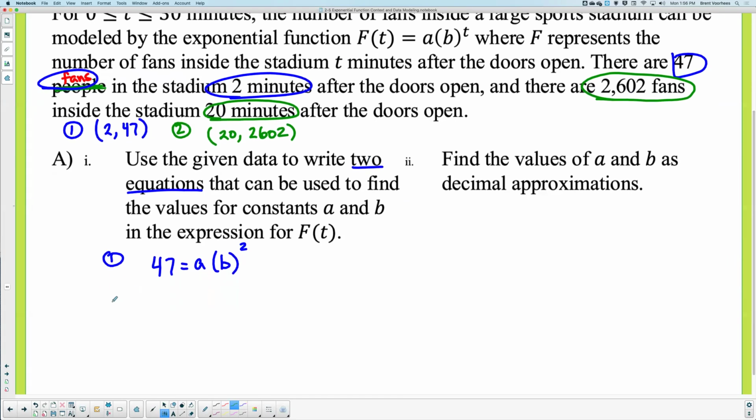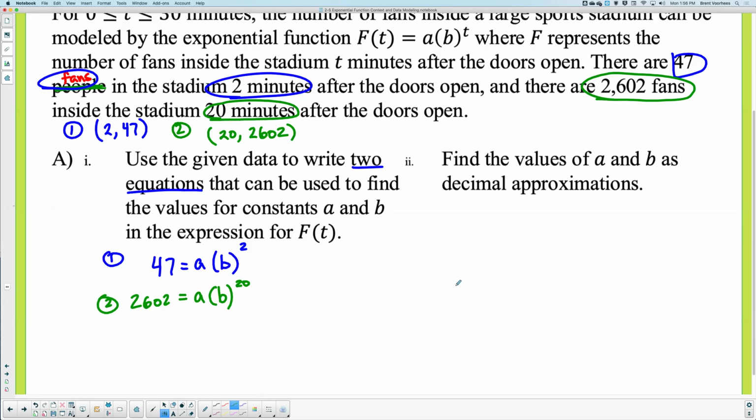So let's go plug this in. What replaces f of t? 2,602 are our number of fans. We don't know A, nor do we know B, but we do know how much time this is. 20. If you get that, that would get you a point. Just plugging it into the equation.